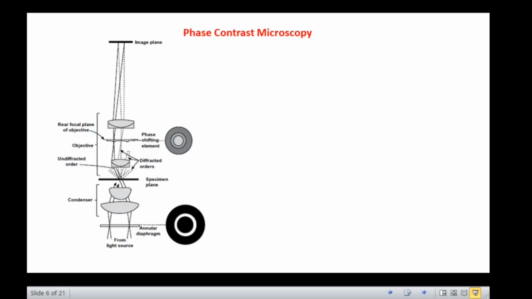Let us now understand the working of the phase contrast microscope with the help of this ray diagram. In a phase contrast microscope, when a single ray of light falls on a specimen, two rays develop.